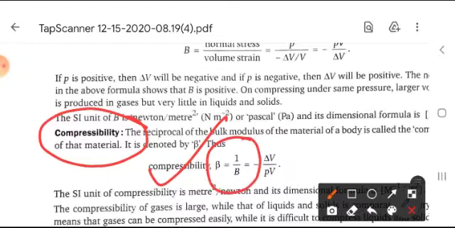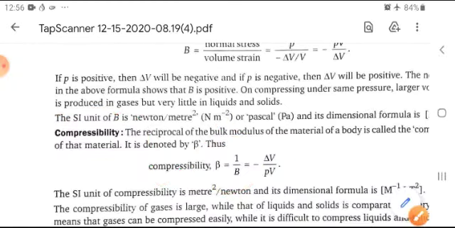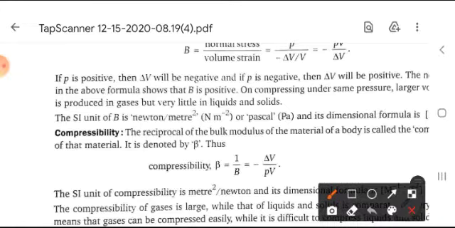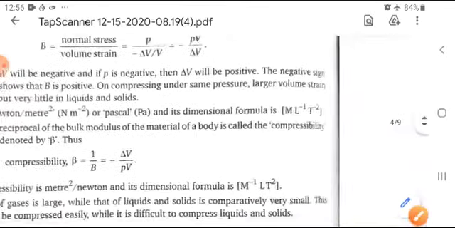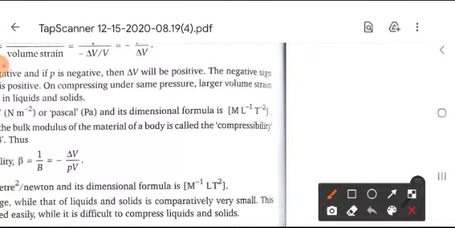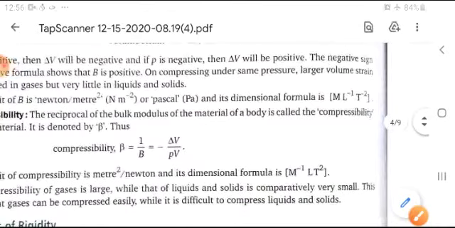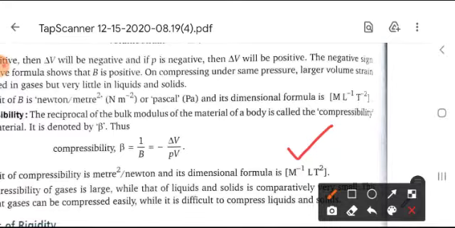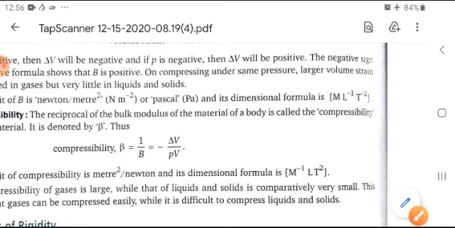So beta is equal to 1 upon B, or minus delta V upon PV. Its unit is also reversed. So SI unit is meter square upon Newton, and dimensional formula of compressibility becomes M minus 1 L T 2.